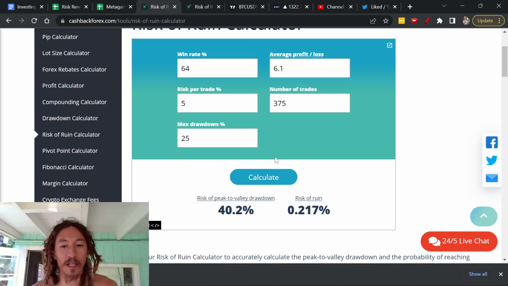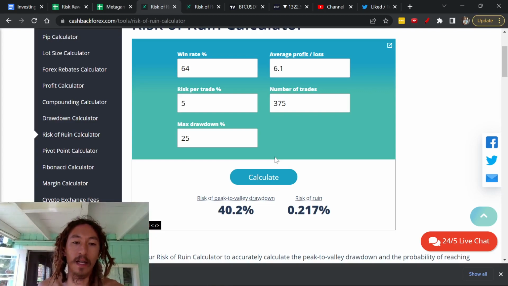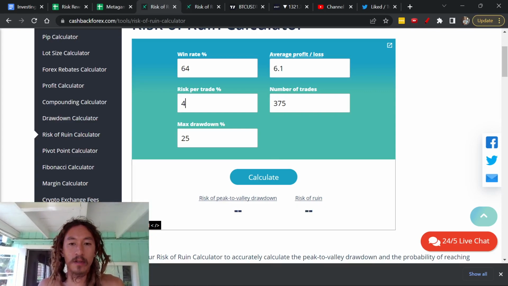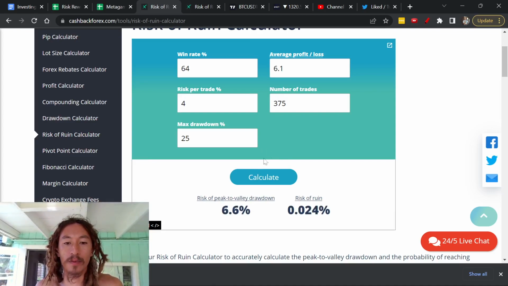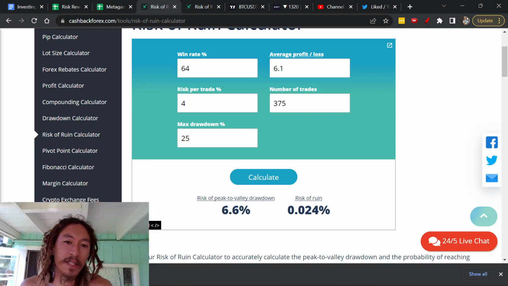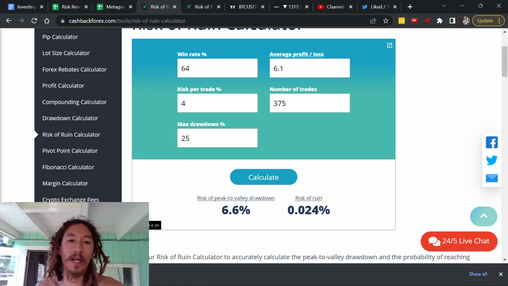I could risk 5% per trade and only have a 40% chance of having a 25% drawdown in the next 4 years, which is really good. But yeah, there's a jump from 3 to 4%, right? 4% is perfect. 4% is perfect, if this number is accurate. We'll see if it is, but yeah, that would create some absolutely insane portfolio growth, which we will try to do.